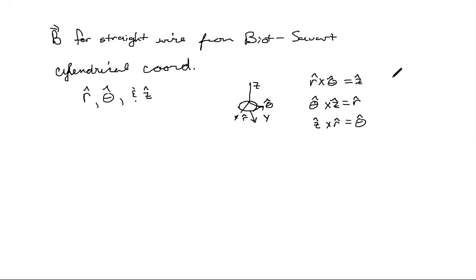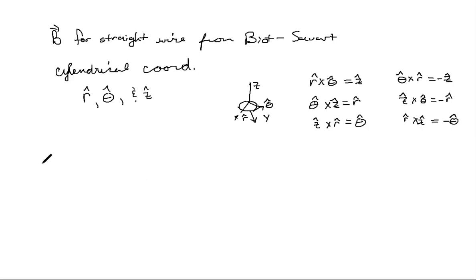Those are the positive cross products, and if I reverse things, make one switch, I get a minus sign. So theta hat cross r hat equals minus z hat. Similarly, z hat cross theta hat equals minus r hat, and r hat cross z hat equals minus theta hat. All others being 0.